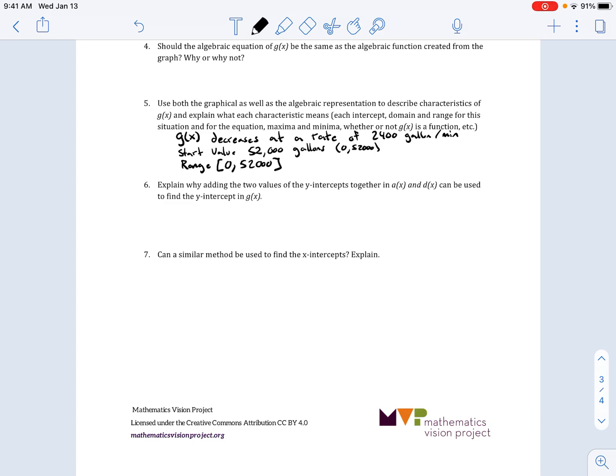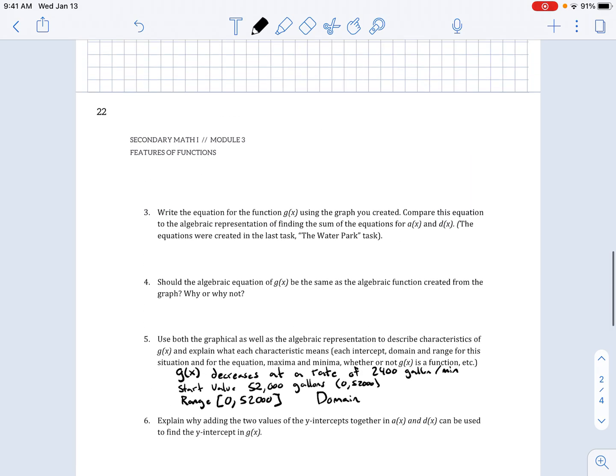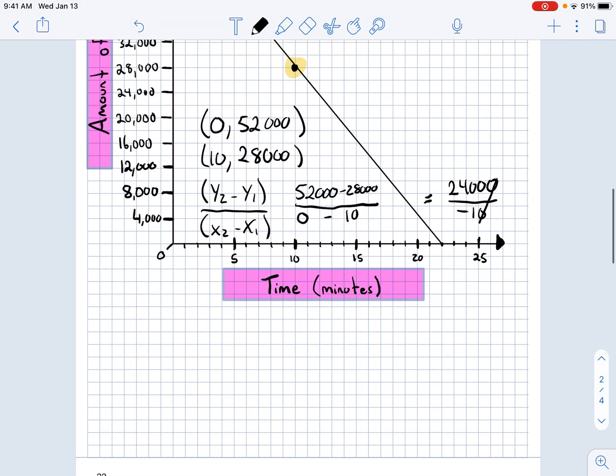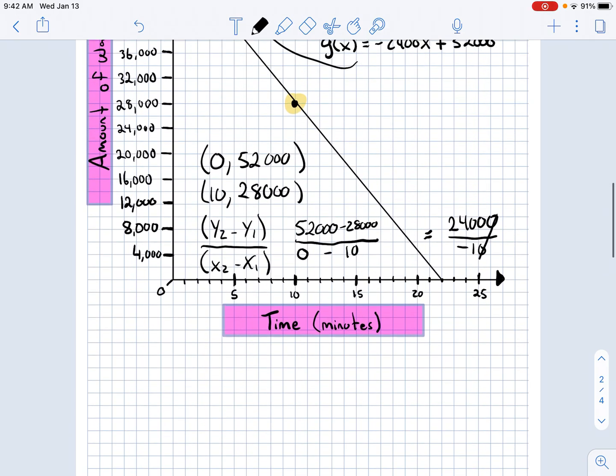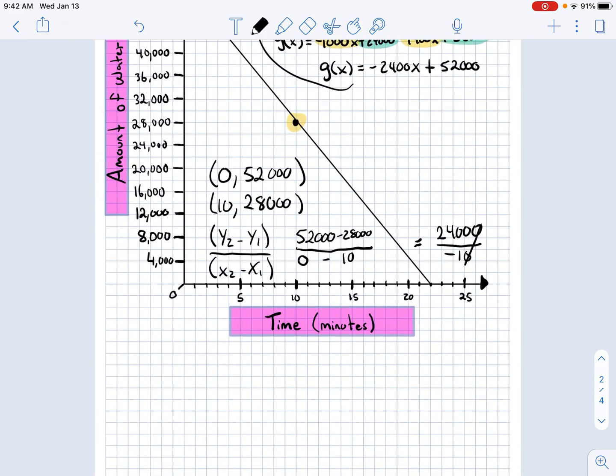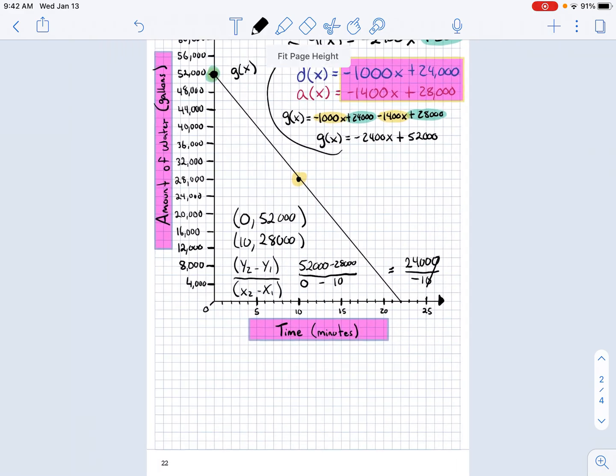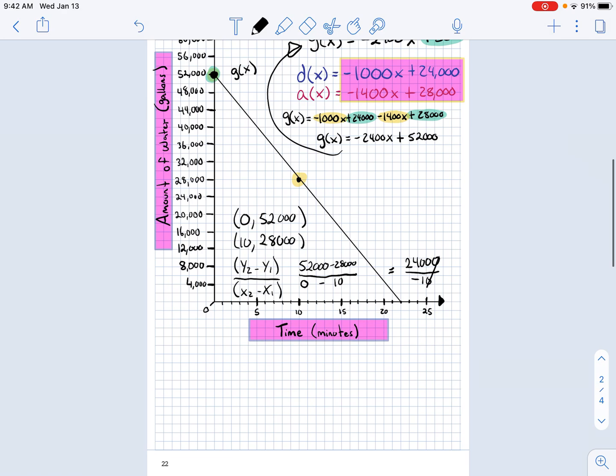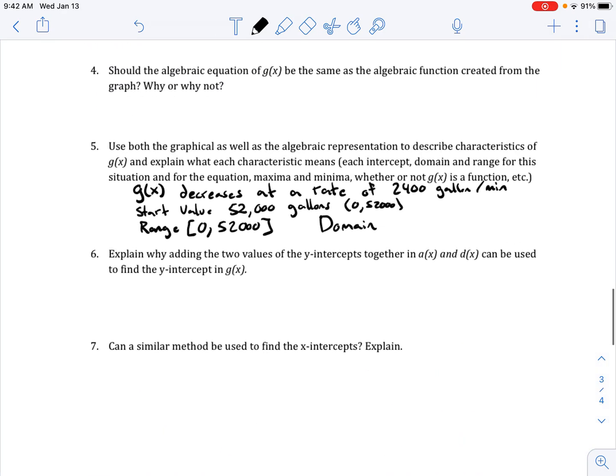The domain looks like it drains at about 22 minutes. So I would say from 0 minutes to 22 minutes.